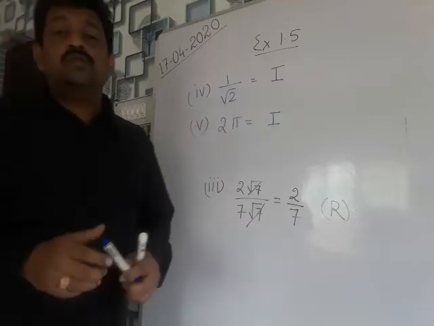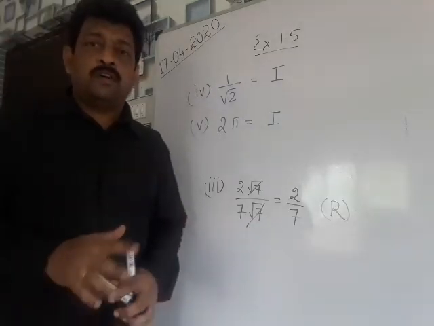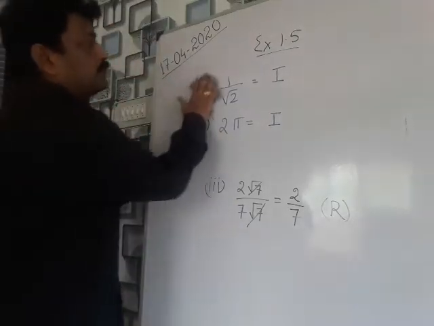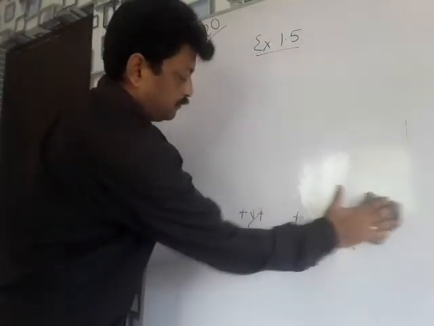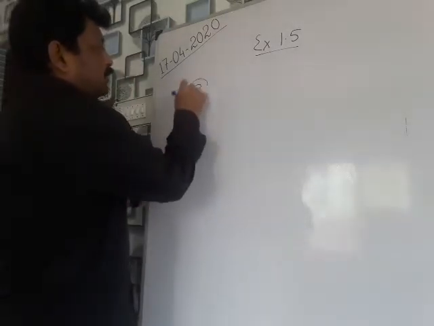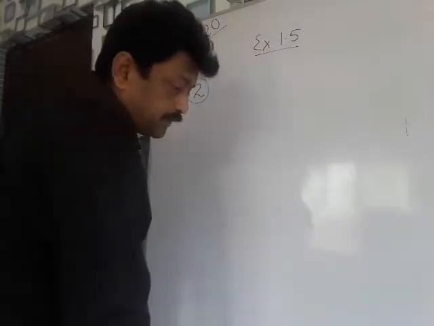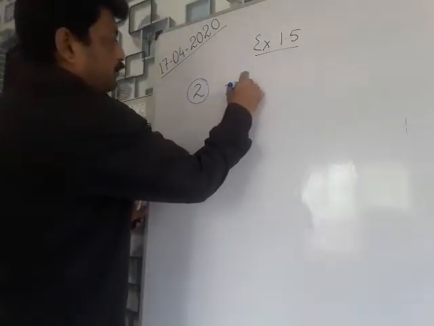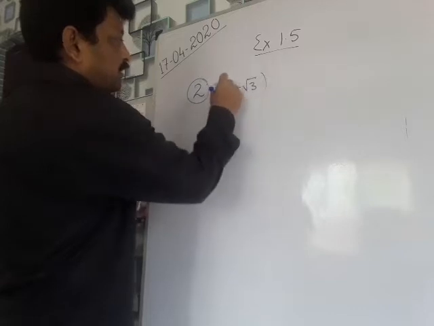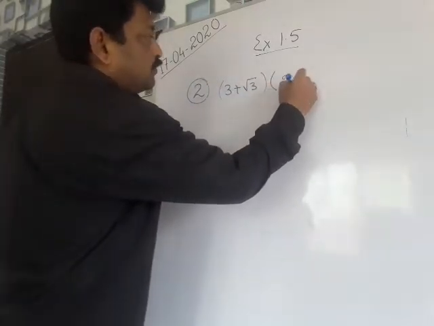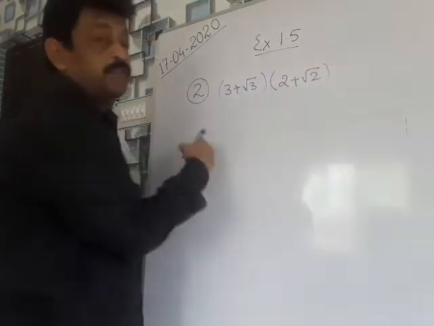Now let us do some operations on rational and irrational numbers. This is actually question number 2 from NCERT, exercise 1.5. The question is 3 plus root 3 multiplied by 2 plus root 2. We have to simplify this.